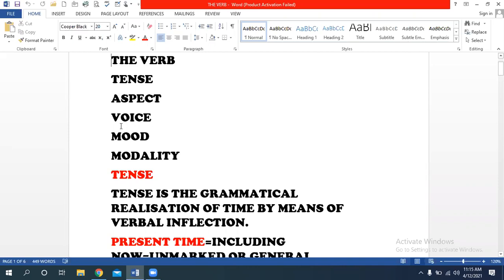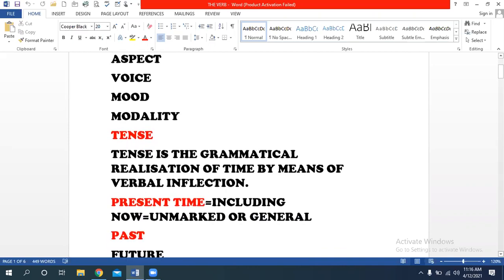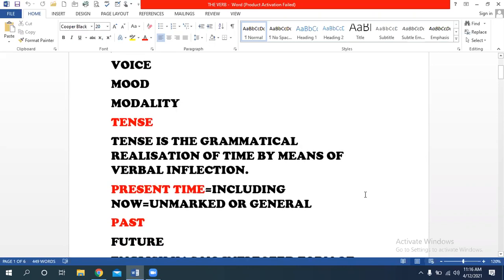When we refer to voice, that is part of the verb. When we discuss mood or modality, they are also related to verb. So first of all, we will be talking about tense and its relationship with semantics.